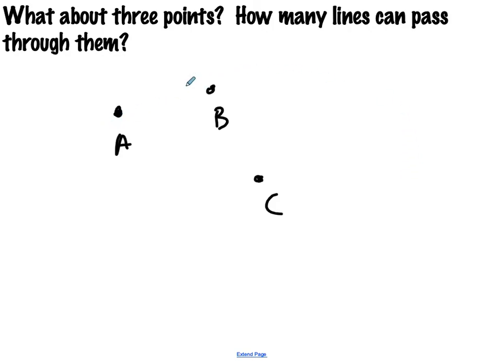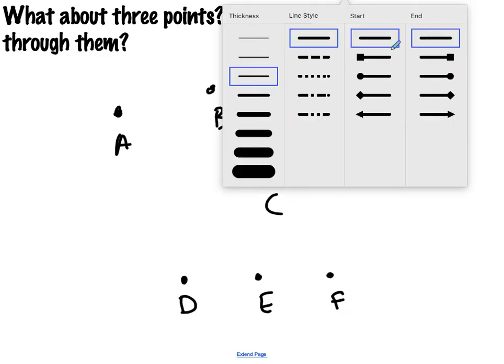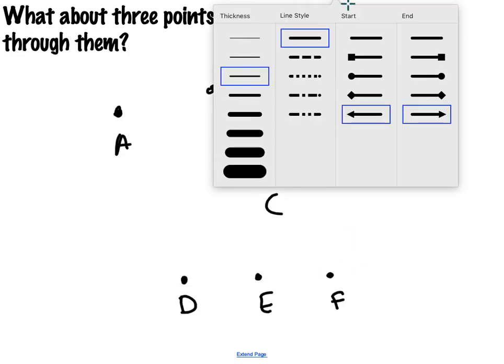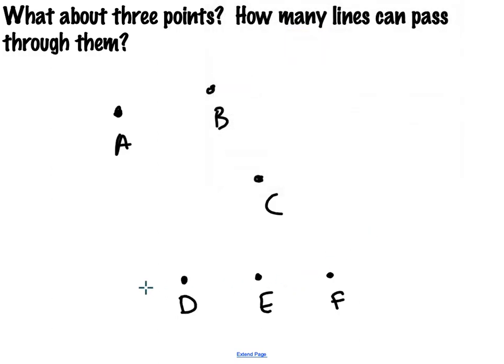I can have no lines go through these because they're not on the same line, but I can say D, E, and F, if they are collinear, there's only one. Sorry, my line is always starting to be crooked because I'm clicking on the wrong thing. So there's only 1 line that can go through 3 points, as long as they're collinear.